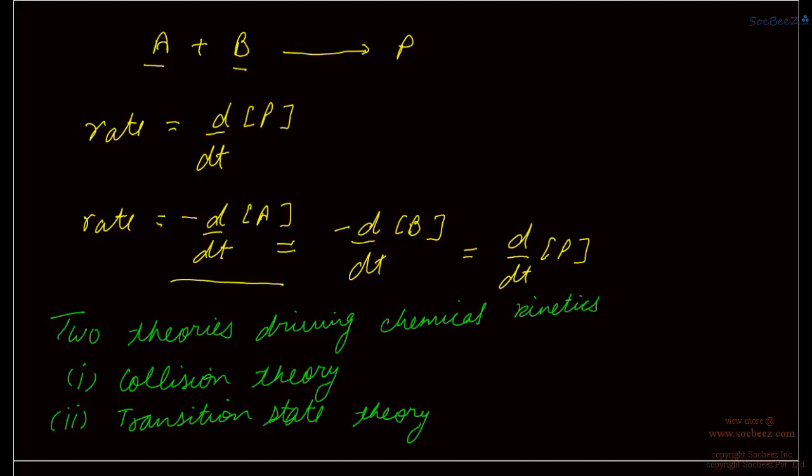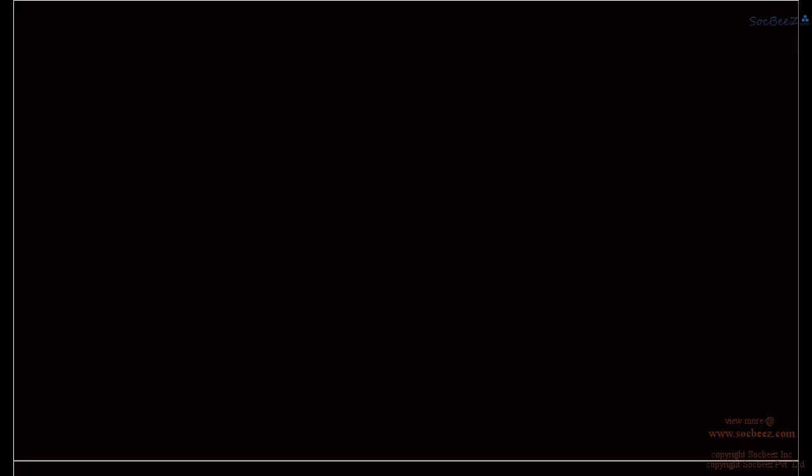Now collision theory, as the name suggests, deals with the collision of reactant molecules to form a product. So to understand the collision theory, suppose this is a molecule A, this is molecule B, and they are colliding with each other and giving us the product AB, or some other compound.